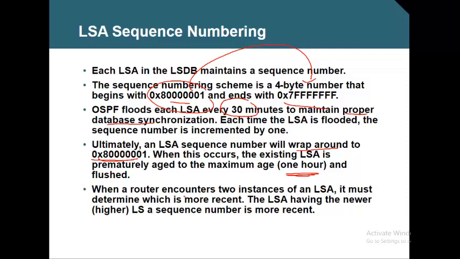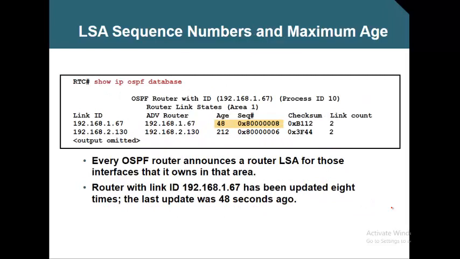When a router encounters two instances of an LSA, it determines which is newer based on the higher sequence number. That's how sequence numbers are used. This we learned in the first chapter end. You remember there was a flow chart. Yes or no? The newer the number, that's the latest. Now, how do we verify this?